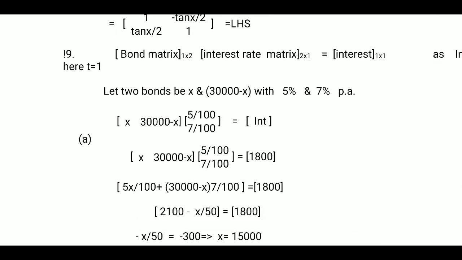Now put the values in the bond matrix: [x, 30,000 minus x] times [5/100; 7/100], these are the rates, is equal to interest.